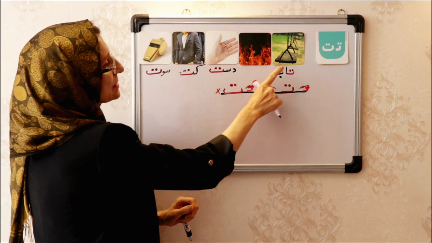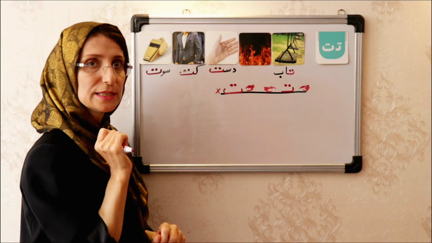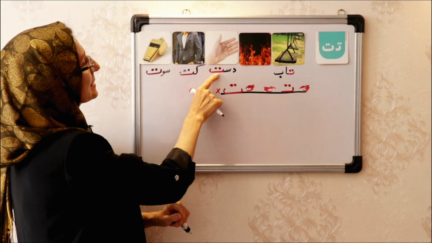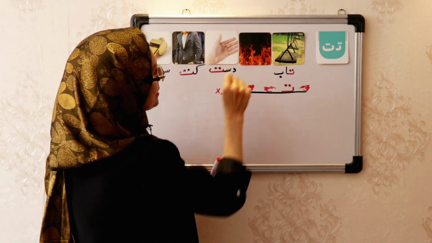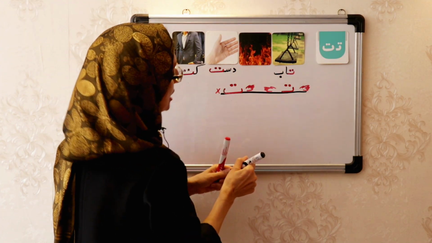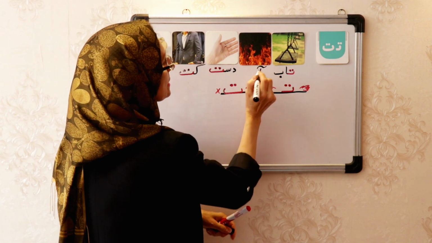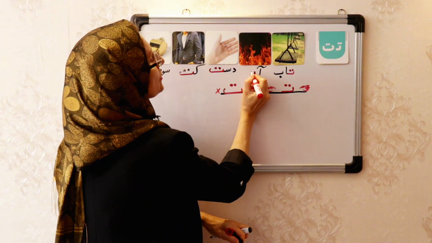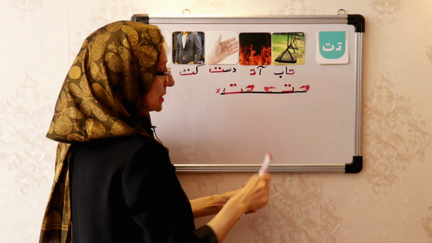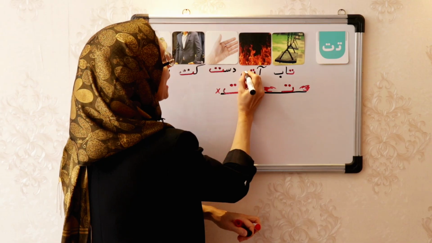So T sound, T at the beginning, T أول, and T آخر in final position. I didn't write آتش, because this T also connects to the next sound, in the word fire in Persian, آتش.